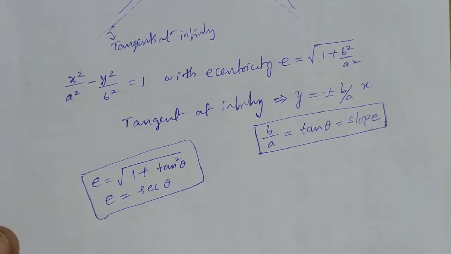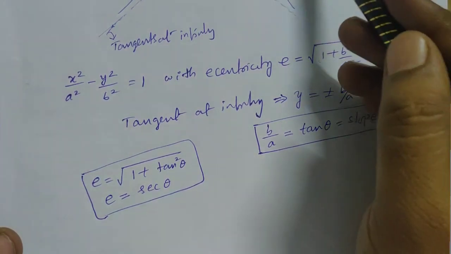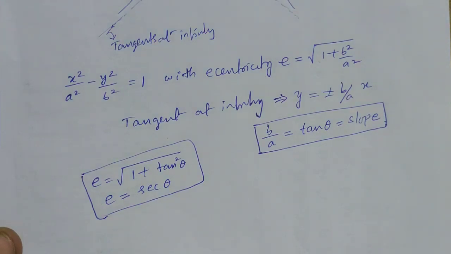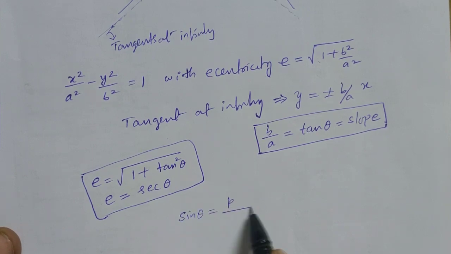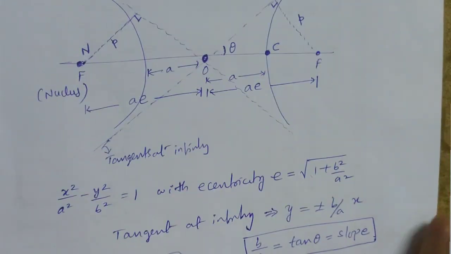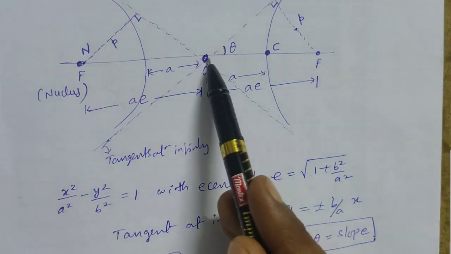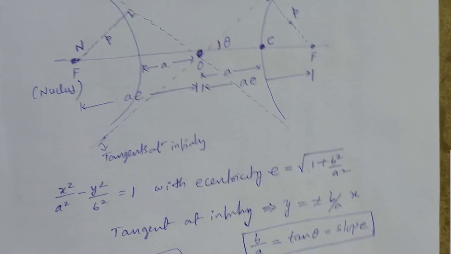Even we can relate p and theta with this eccentricity. If I apply sin theta, it will be opposite side divided by adjacent side. The opposite side is p, and the adjacent side from here to here is AE.